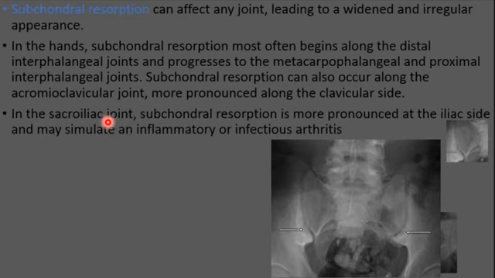Another finding in hyperparathyroidism is subchondral resorption. Subchondral resorption affects any joint, leading to widening of the joint space and irregular appearance.